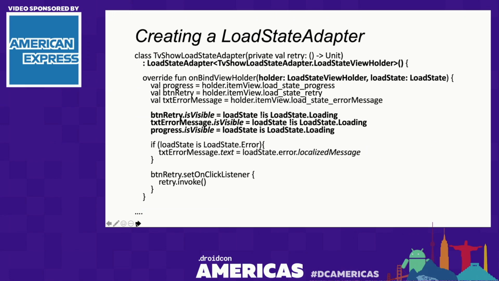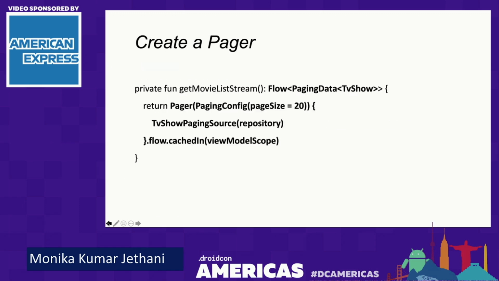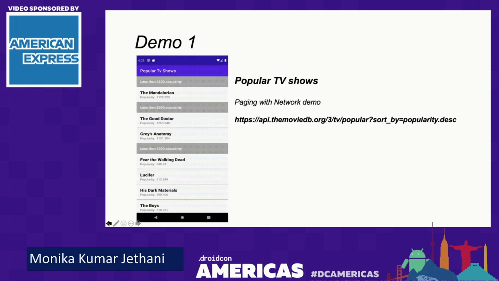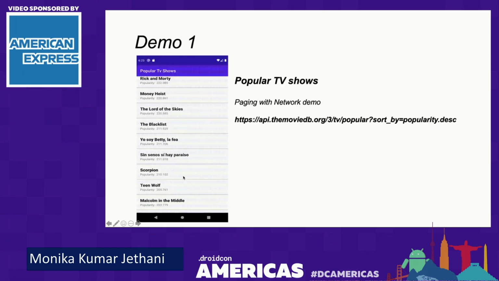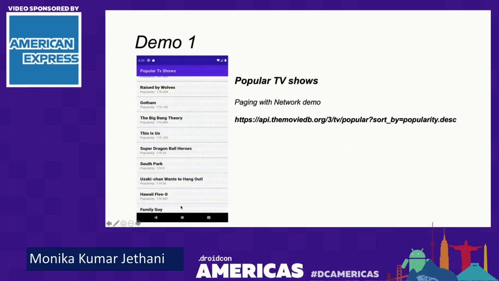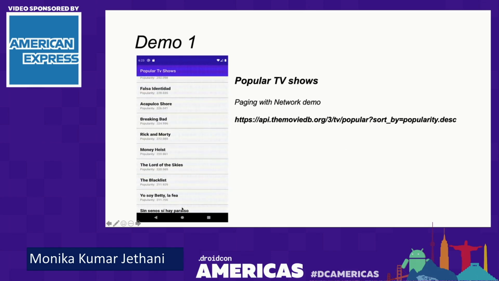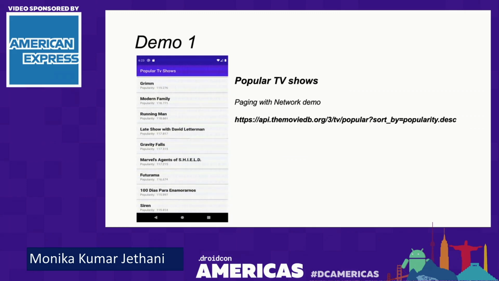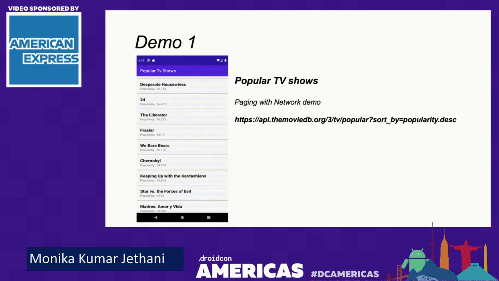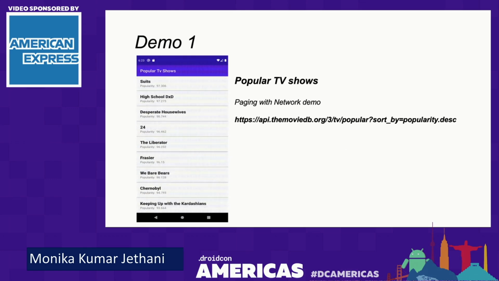Then, moving on to creating a load state adapter. You might have noticed in the demo that the first time we have the initial loading, and after that, whenever the user moves to the end of the list, we have a loading spinner. Because that loading spinner is linked to the paging data list, we can have it as a list item, so we can have it as a footer.